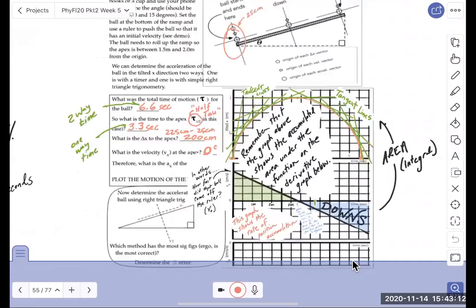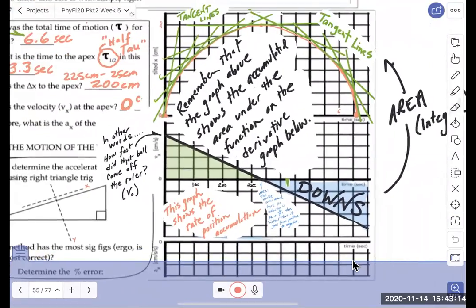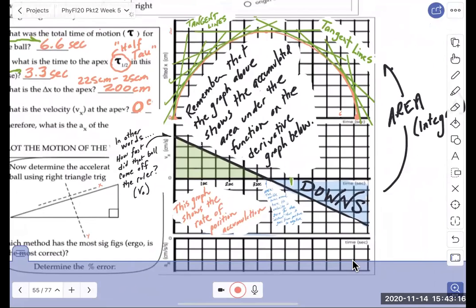Now just remember that this graph here is showing the accumulation of position as area, but it ends up being position up here. And the reason why area is position is because this axis is centimeters per second, and this axis is seconds.